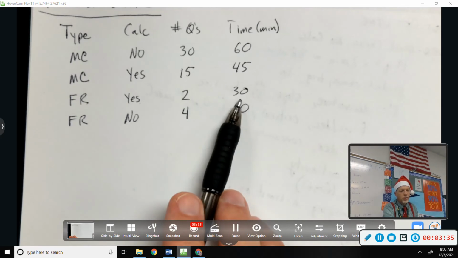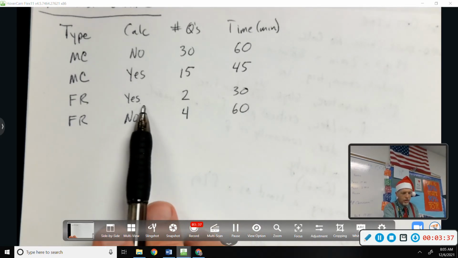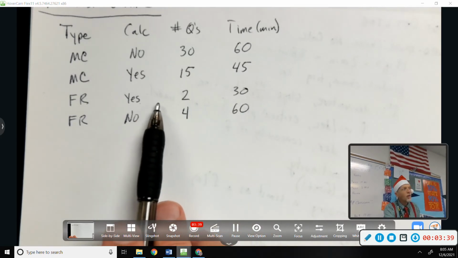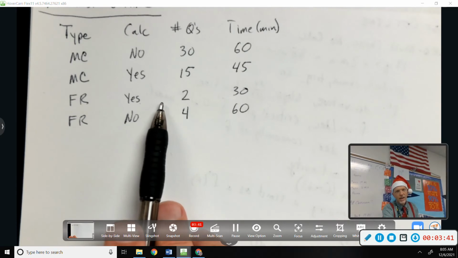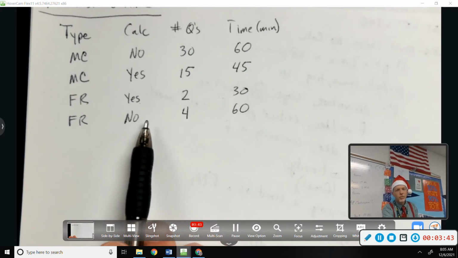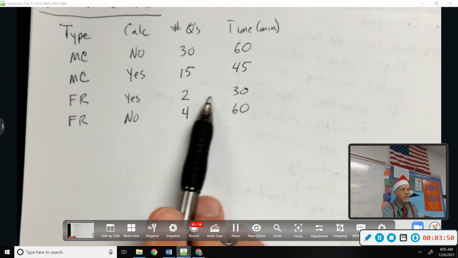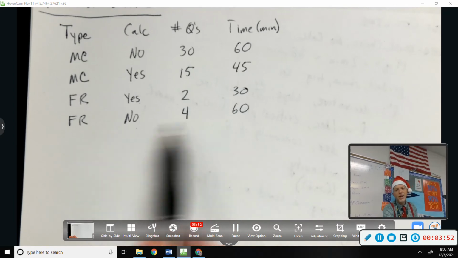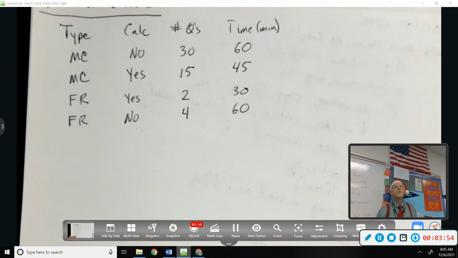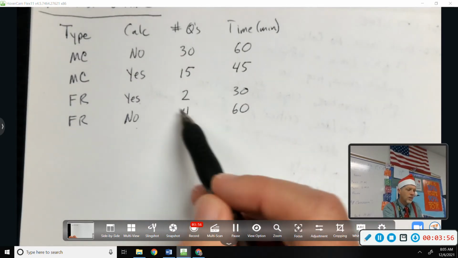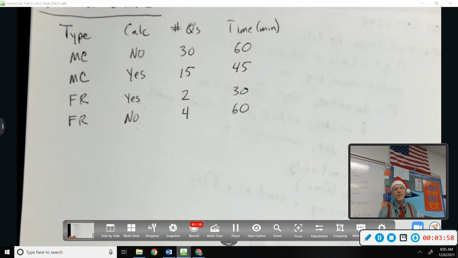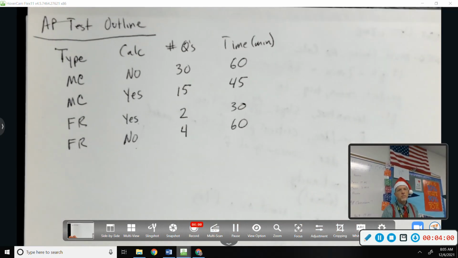So 30 minutes on the calculator questions, and then they'll say, all right, put your calculators away, and now you may, it's sort of worded weird, now you may begin the no calculator part. You can still work on those, but you should probably move on because you don't want to lose time on those. But if you get finished, you can go back and look at all of them, but you can't get your calculator back out again. So hopefully that gives you a little bit of a picture of what the AP test looks like.